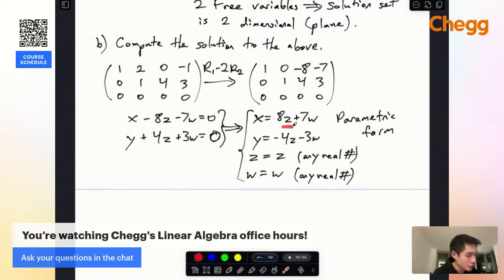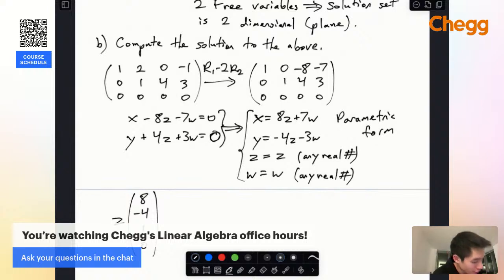So here I have z, z, z, nothing here, but what I'll do is I'll take all the z's and write z times 8, minus 4, 1, and 0. So nothing in the last row.